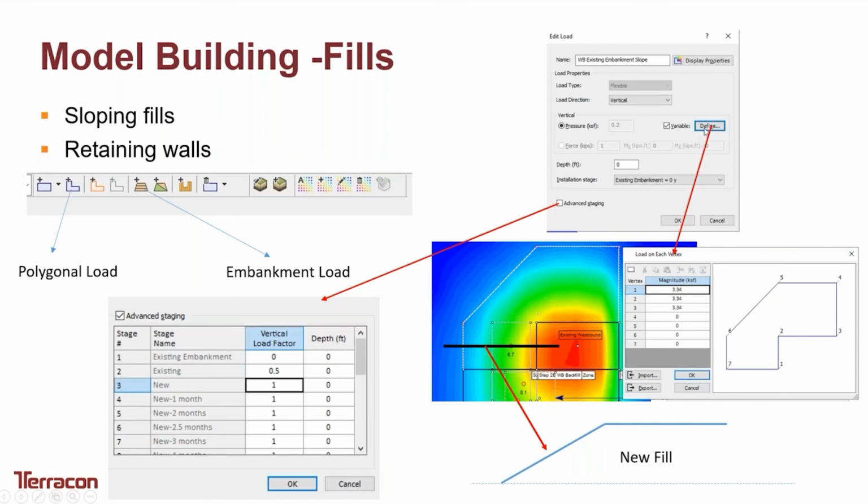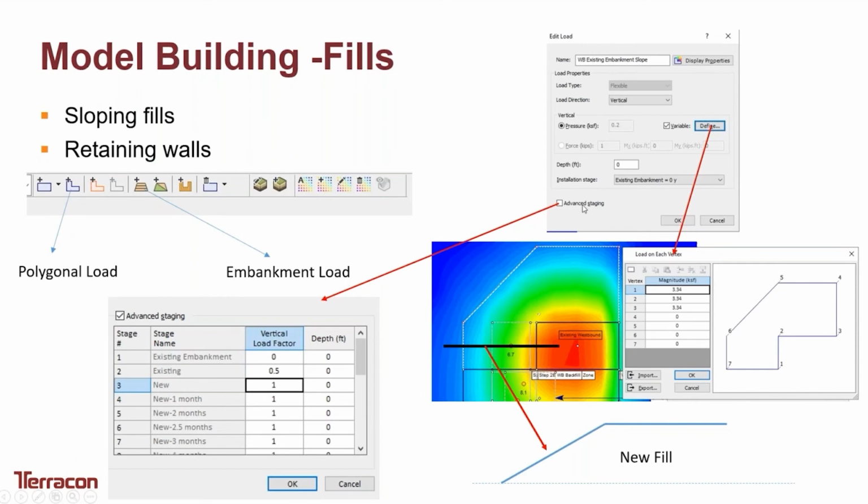If I define this, I can define different stresses. For example, at the bottom here, if you imagine this is kind of a cone shape, points 4, 5, 6, and 7 have 0, and points 1, 2, 3 have a certain magnitude of stress. If I take a cross section from here to here, it's telling me that I'm applying a sloping condition new fill.